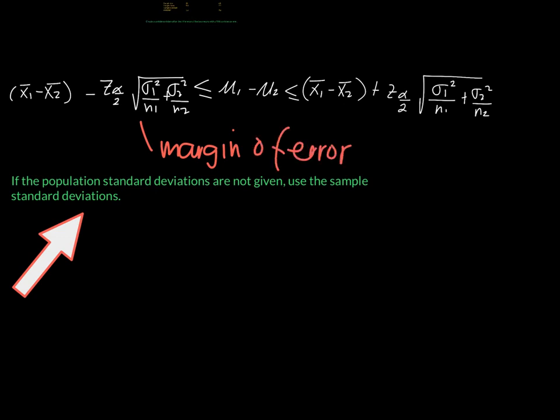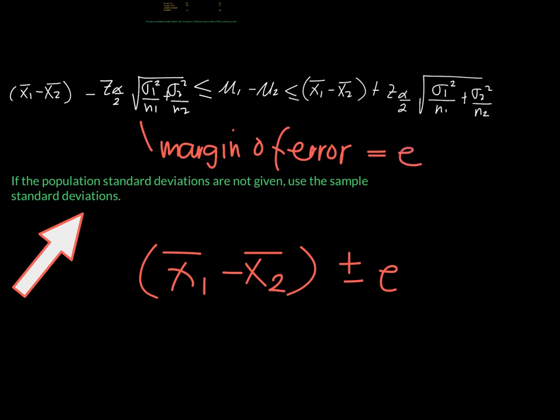So basically, the confidence interval is x1 bar minus x2 bar plus and minus the margin of error E. To find it, all we have to do is place the corresponding values for every component of the formula, including the z of alpha over 2, the sigma, and the sample sizes, for both sides of the formula.